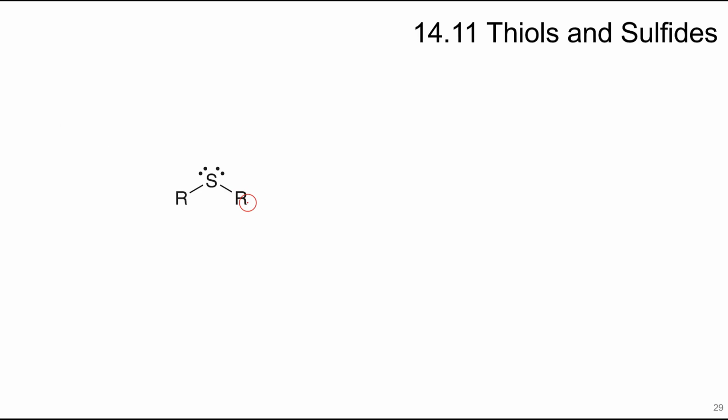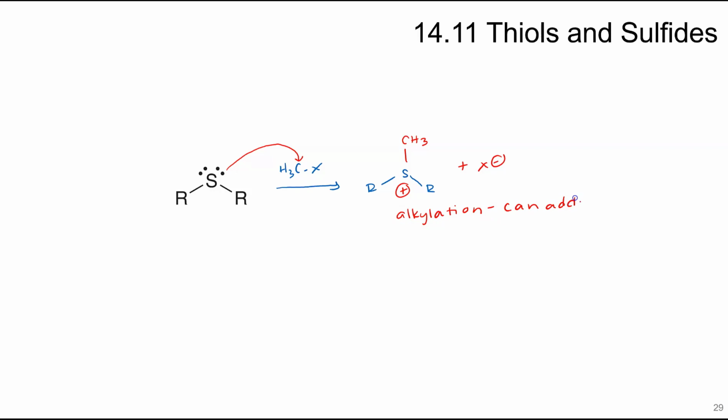Once you form the thioether, we can do other reactions with it. You have another alkyl halide. This is referred to as an alkylation. This alkylation occurs a lot in DNA with different nucleophiles, and that is what can lead to DNA mutations.